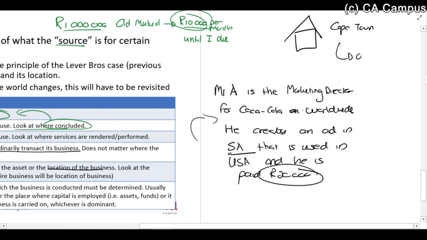The owner of this flat is a resident of the USA. This flat is located in South Africa, so that rental income will be from a South African source, even though the owner is in the USA.